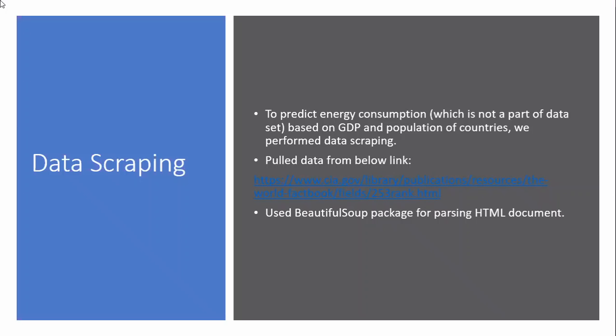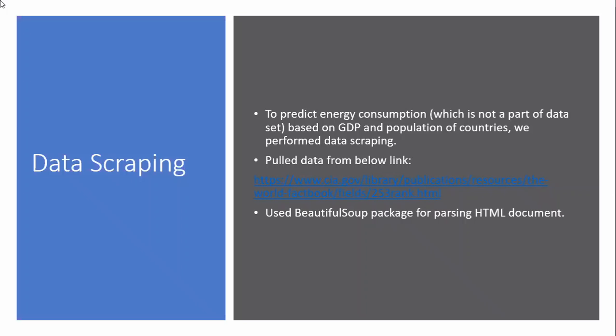So basically, what he is explaining is that he constructed a regression model to predict energy consumption on the basis of GDP and population. So we replicated this same model for our project, because we didn't have the energy consumption variable in our data set.